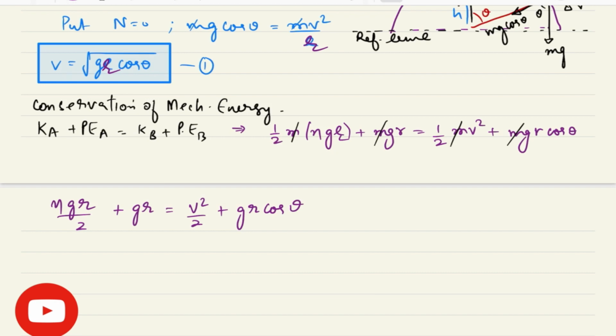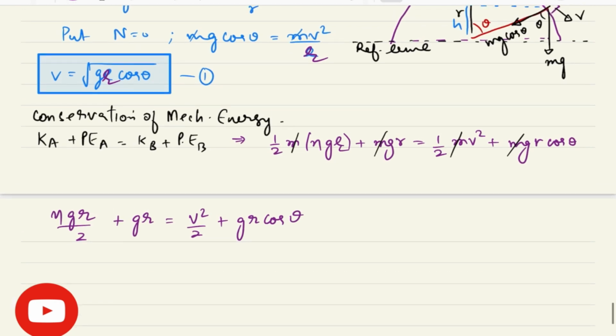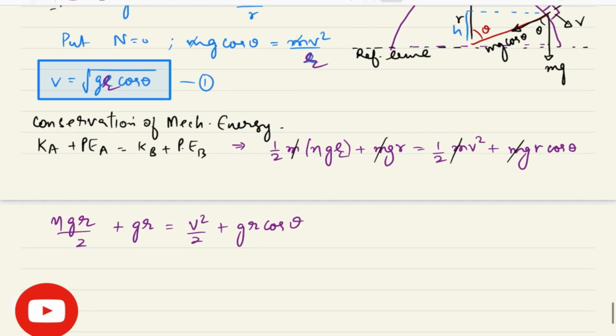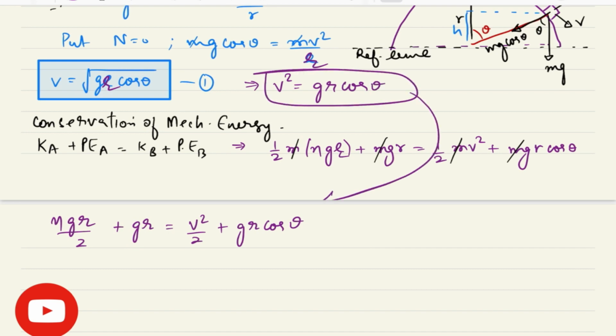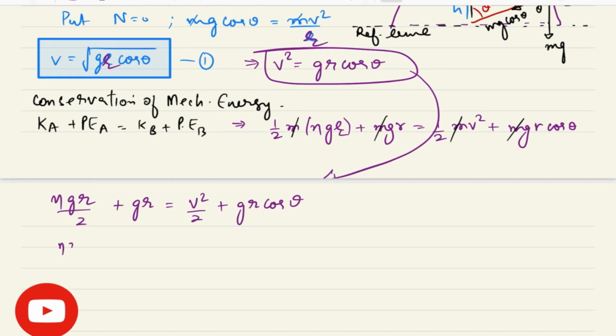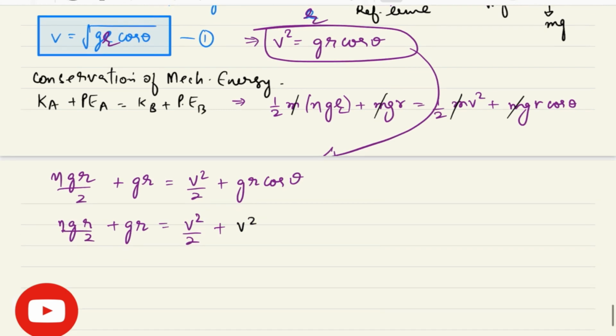Okay. What we have from our equation one is v square equal to g R cos theta, and we can substitute this here. What we get: eta g R by 2 plus g R equals v square by 2 plus g R cos theta, which is v square.